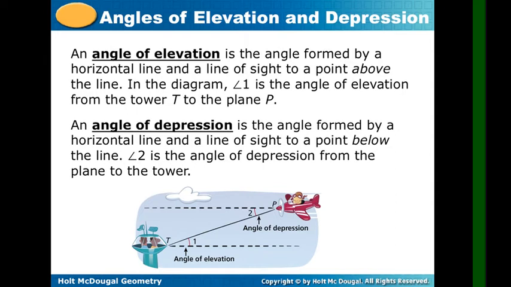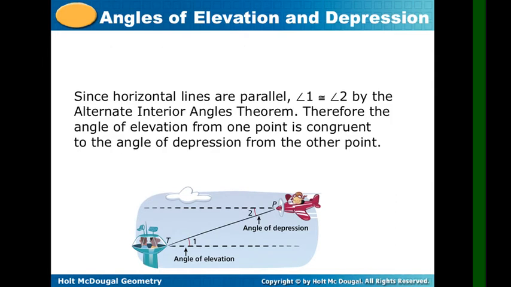So, angle 2 is the angle of depression from the plane to the tower. Since horizontal lines are parallel, angle 1 is congruent to angle 2 by the alternate interior angle theorem.